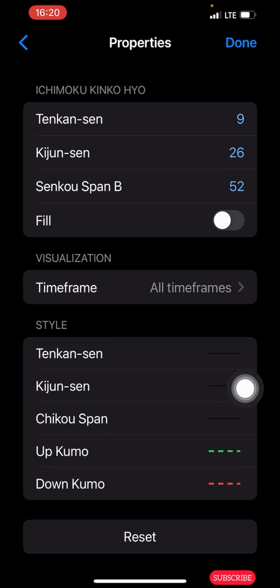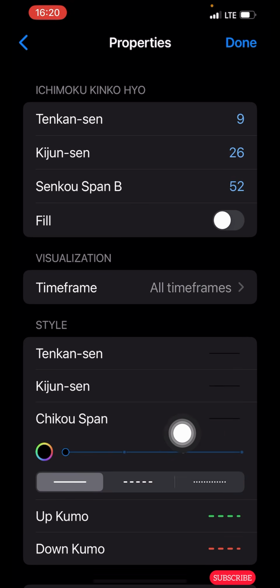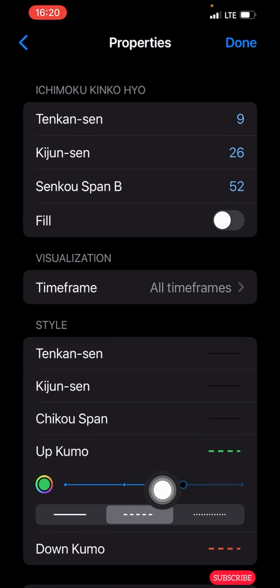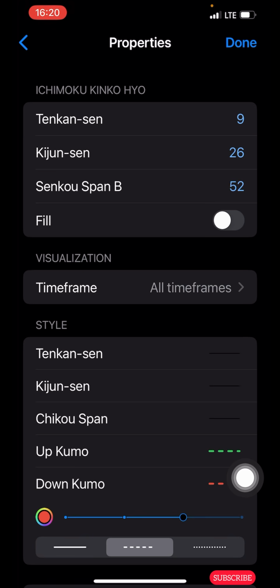The Chikou Span, you make it the color of your background, 1 pixel for it. Then the up Kumo, you make it color green. This is the one that will tell you when price is in a bullish trend, and you make it 3 pixels. And then the down Kumo, the one that will tell you when price is in a bearish trend, you make it color red, 3 pixel, and then you click on done.